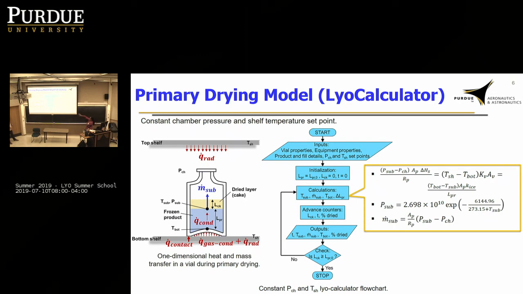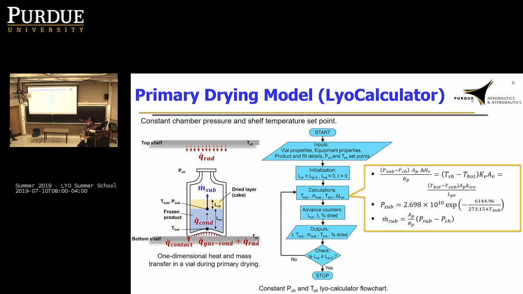And you basically do an iterative solution where you calculate T sub, which is the sublimation front temperature, and then you calculate the pressure of the sublimation front. The driving force in general during lyophilization is the pressure difference between your sublimation front and the chamber. So that's basically this pressure difference, and m sub is the mass flow rate or the sublimation rate, so it depends directly on this pressure difference.